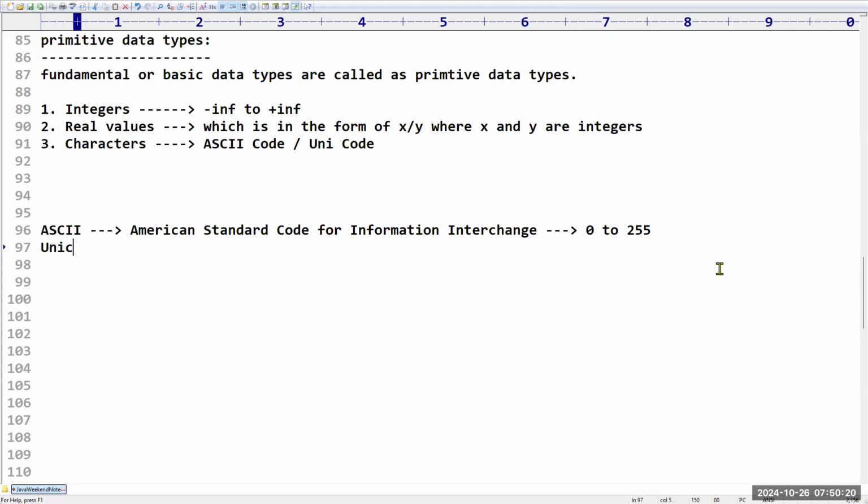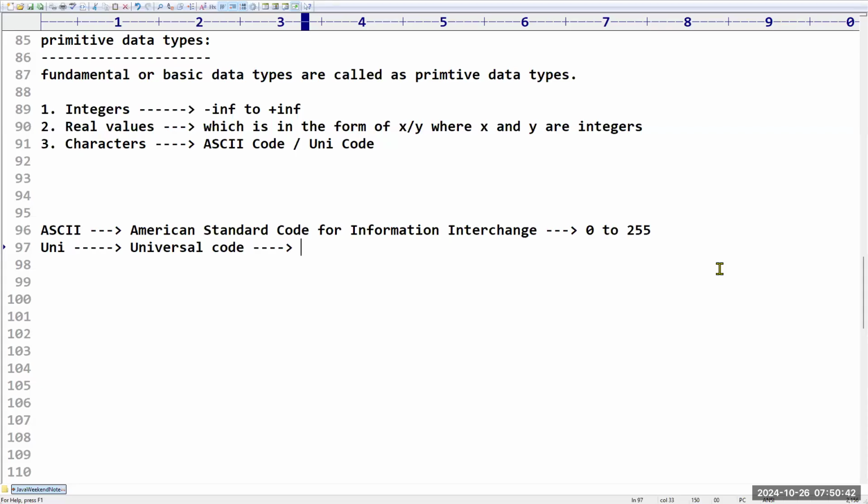What about Unicode? Unicode means universal code. Java provides support for the characters available in the entire world. How many languages are there?